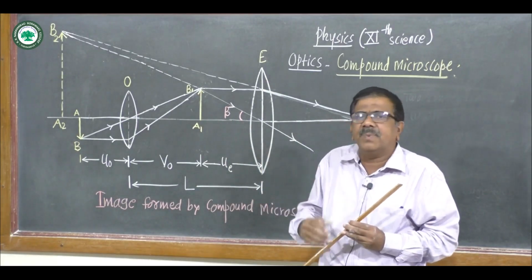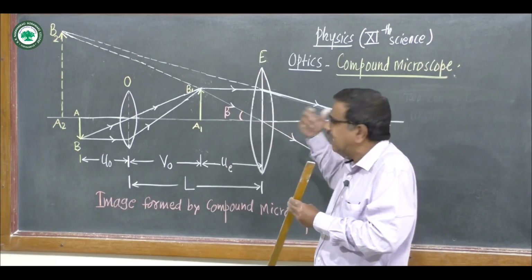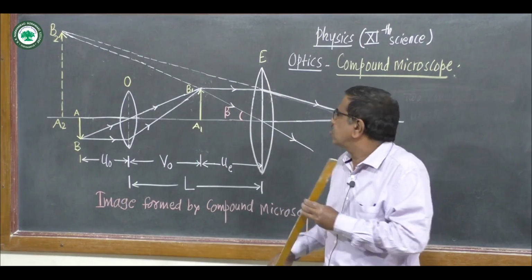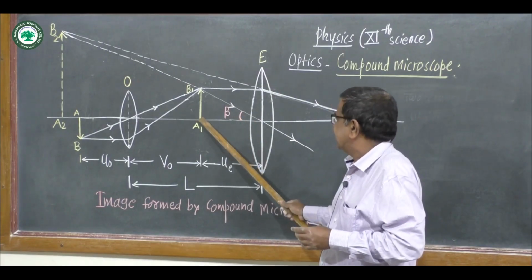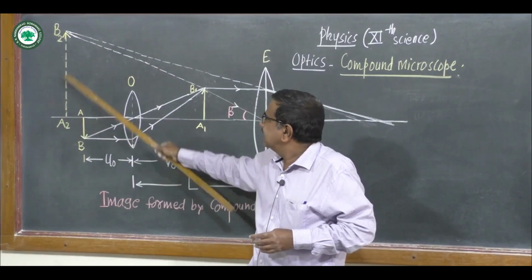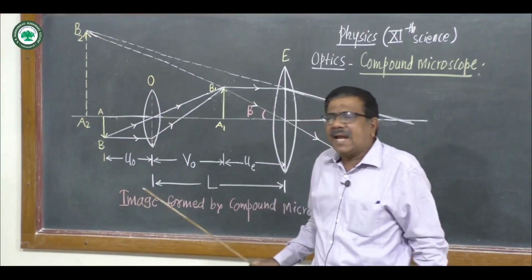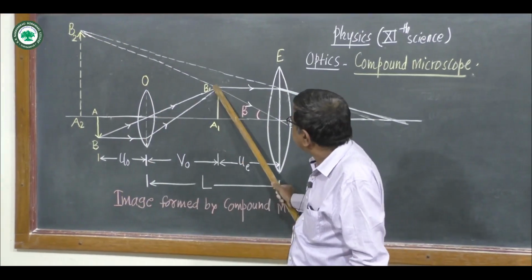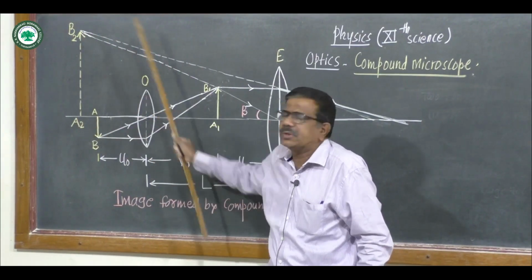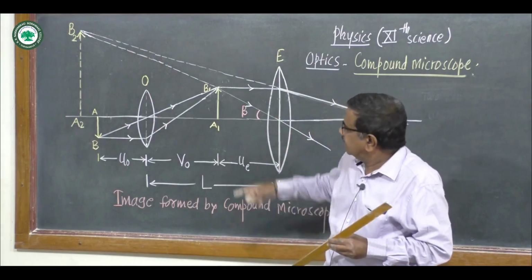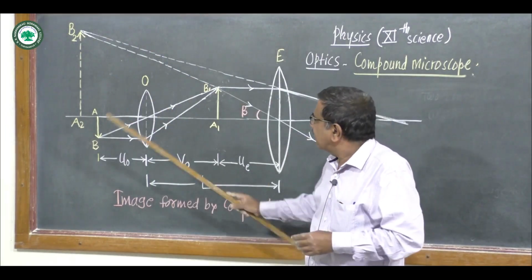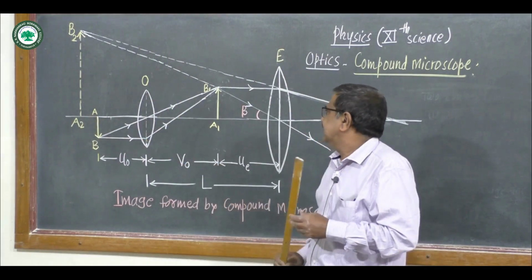Because we know in a simple microscope the object is within the focal length. This eyepiece acts as a simple microscope and it produces a virtual, erect and magnified image of this A1B1, that image is A2B2. This A2B2 is the final image of the object AB.